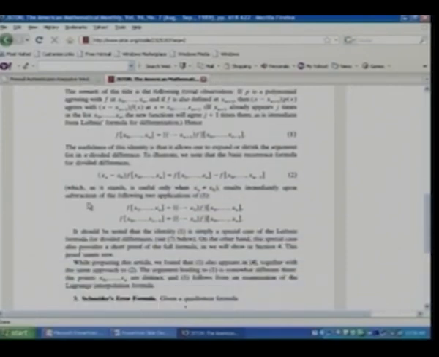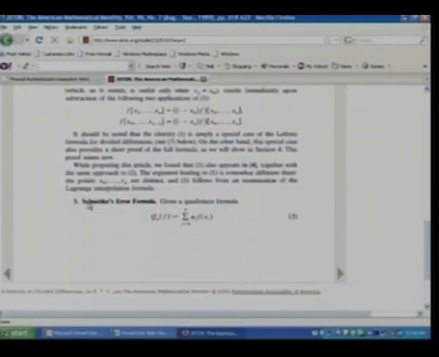For example, I went through the Google website and I found this paper, A Remark on Divided Differences by E.T.Y. Lee. This paper presents a much more elegant proof of the Leibniz result.